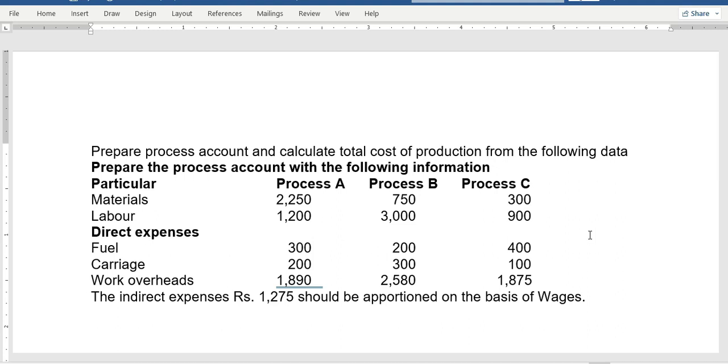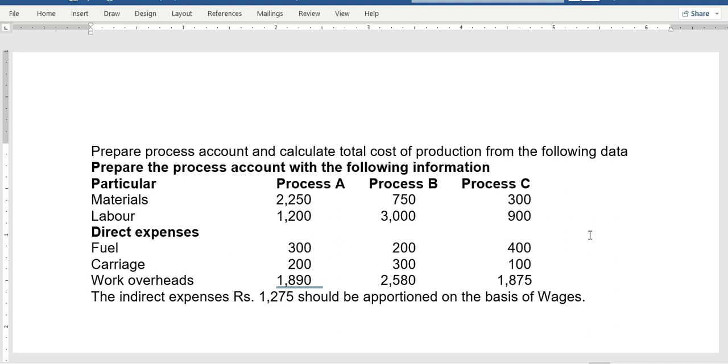So process A's closing stock we are going to transfer to the next process B. We have some expenses like material, labor and direct expenses like fuel and carriage. Also we have work overheads, and additional information that the indirect expenses of rupees 1275 should be apportioned on the basis of wages.